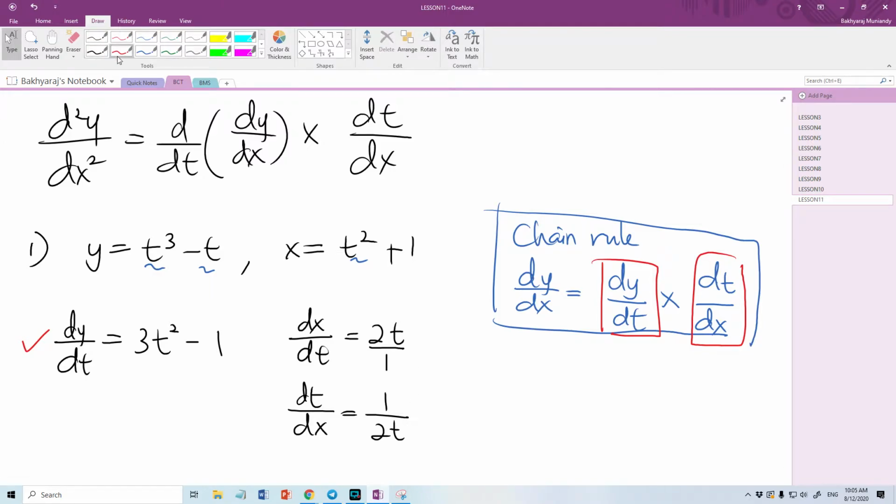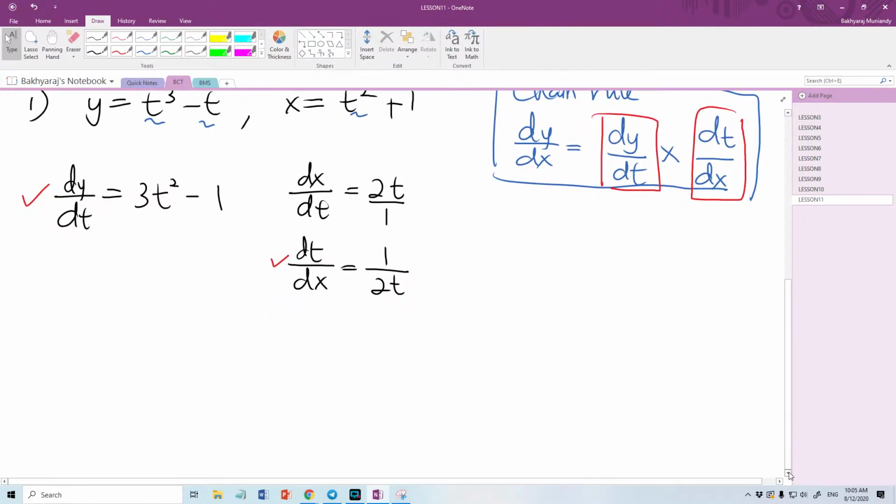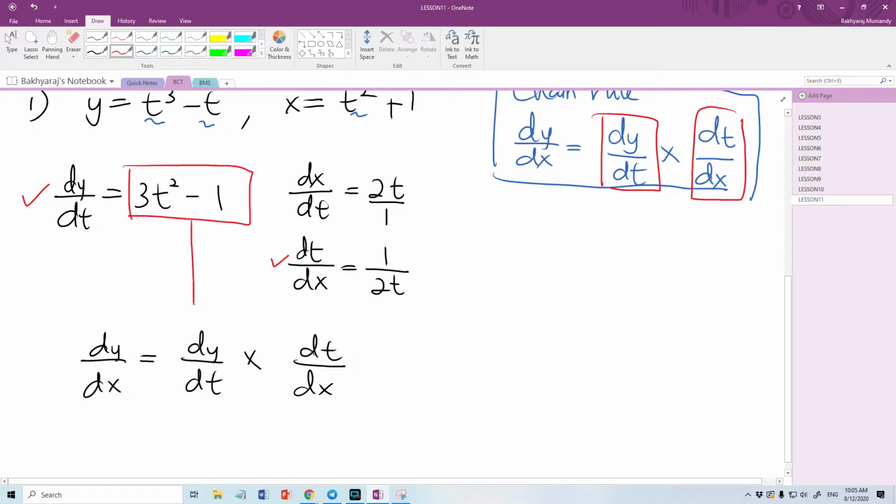Once I get this answer, I can go for dy over dx. What is my dy over dx? It equals dy over dt times dt over dx, and I replace all these values inside the formula.